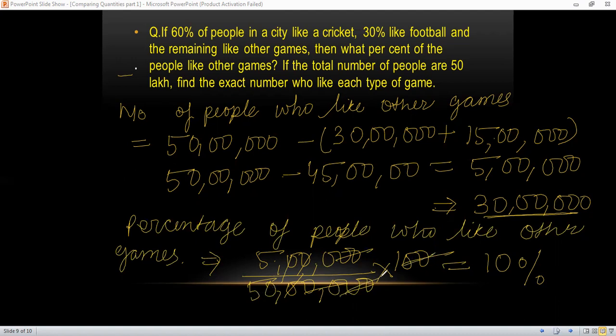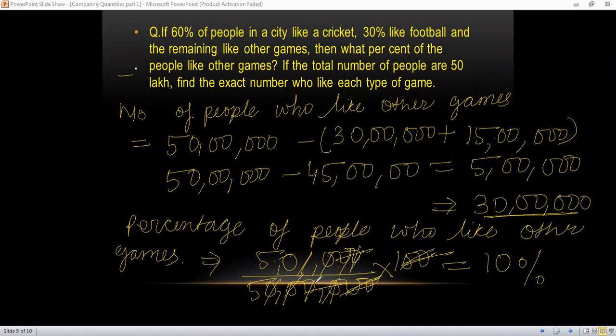The 2 zeros I have cut over here. Now this and this. Now this 1 zero is remaining over here. Okay, again you see 2 zeros I have cut here.